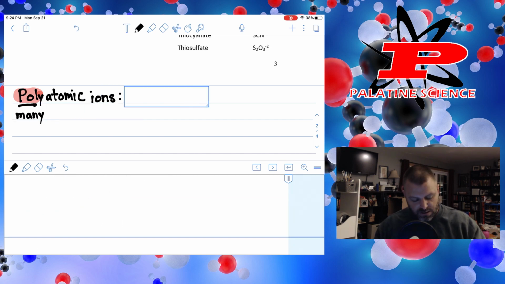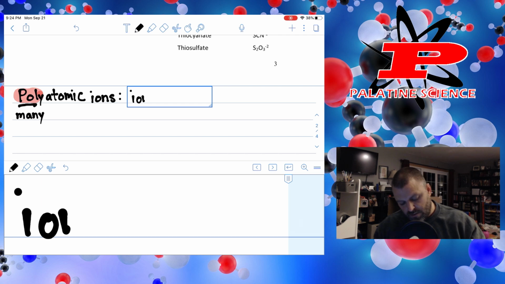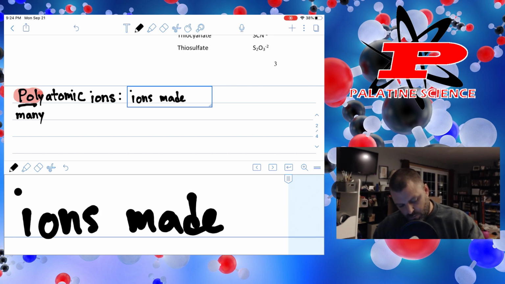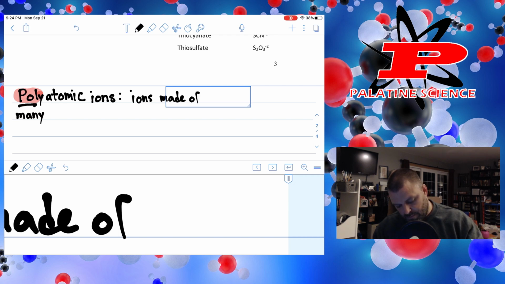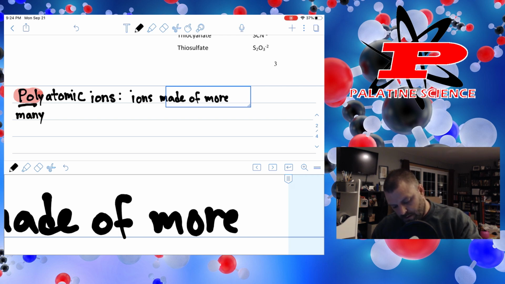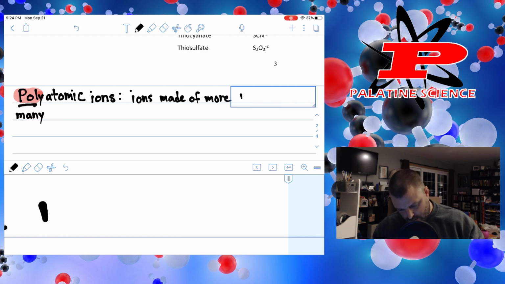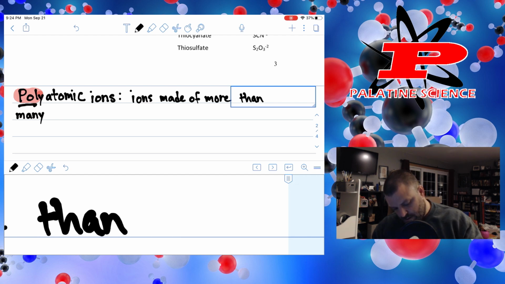What these are is ions made of more than one atom. I'll say more than one atom type.